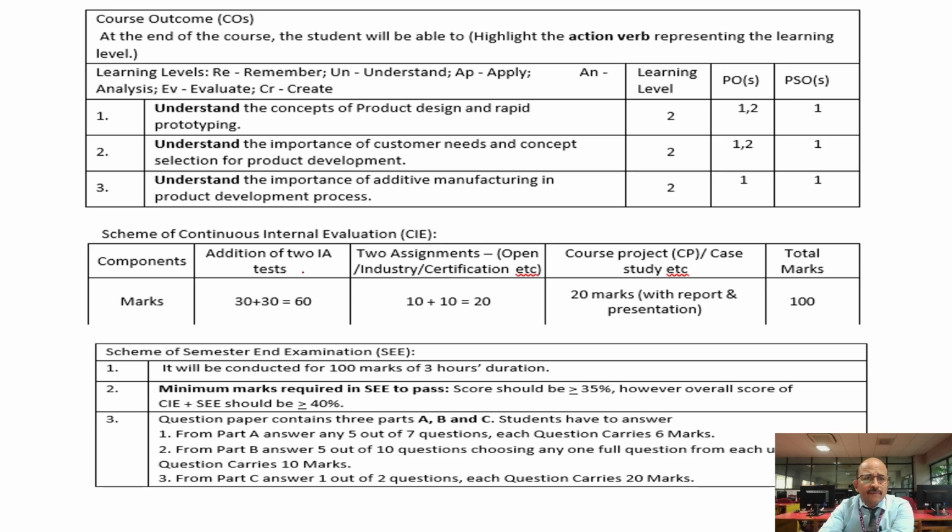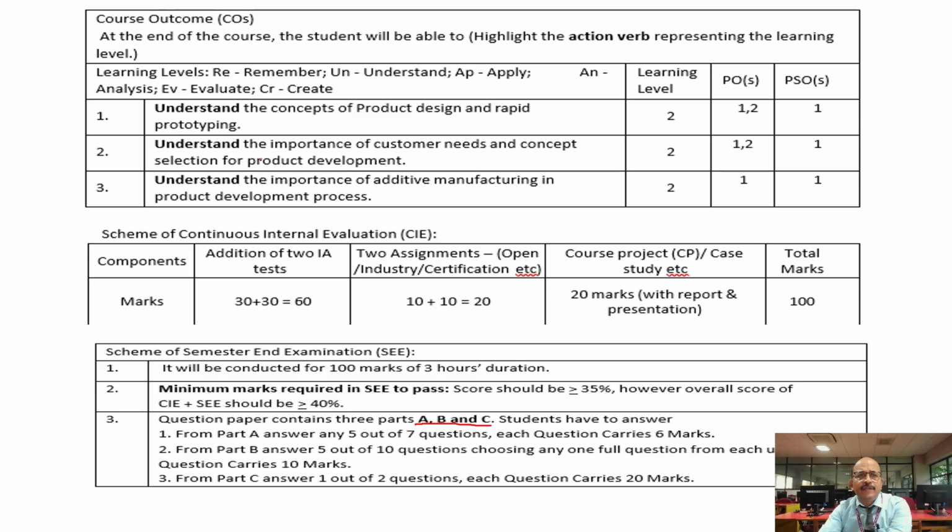And the CIE pattern for this is 2 IA tests, 30 plus 30, that is 60 marks, 2 assignments, 10 plus 10, 20 marks, and a course project is also there for 20 marks, which leads to 100 marks. And the SEE pattern is 100 marks, a duration of 3 hours, which is a common question paper of ABC pattern, which consists of 19 questions.